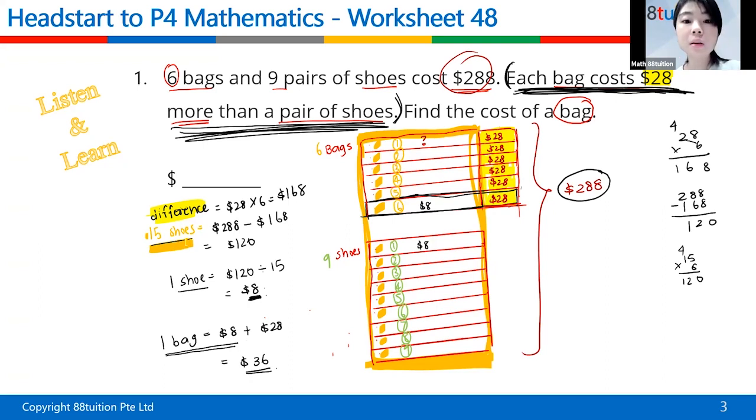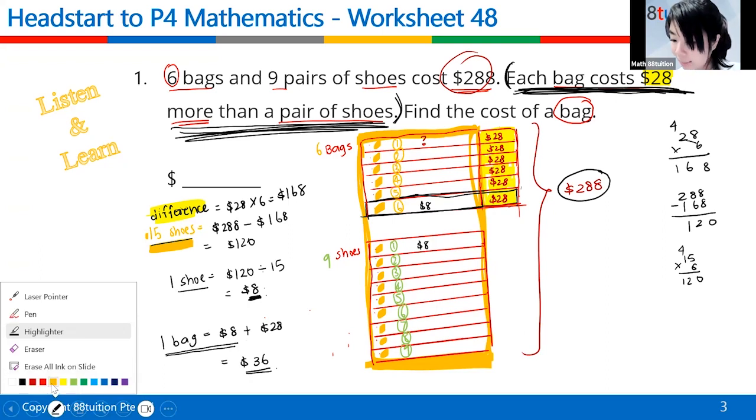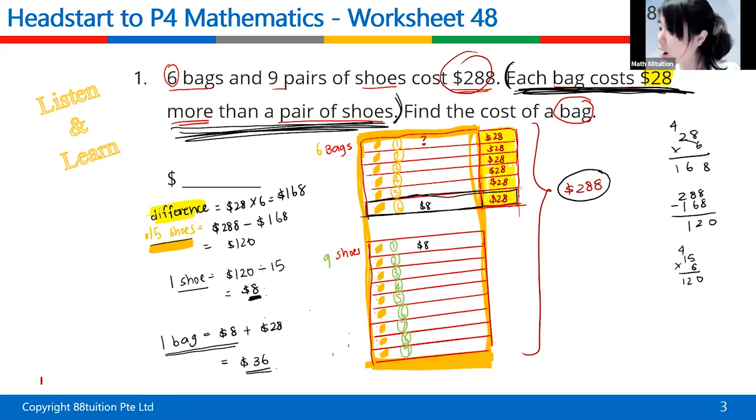Correct, Wen Xing? But in order to find these 15 shoes, I need to get rid of this extra portion of money, which is the difference between the shoes and the bags. So the difference here is 28 times 6.